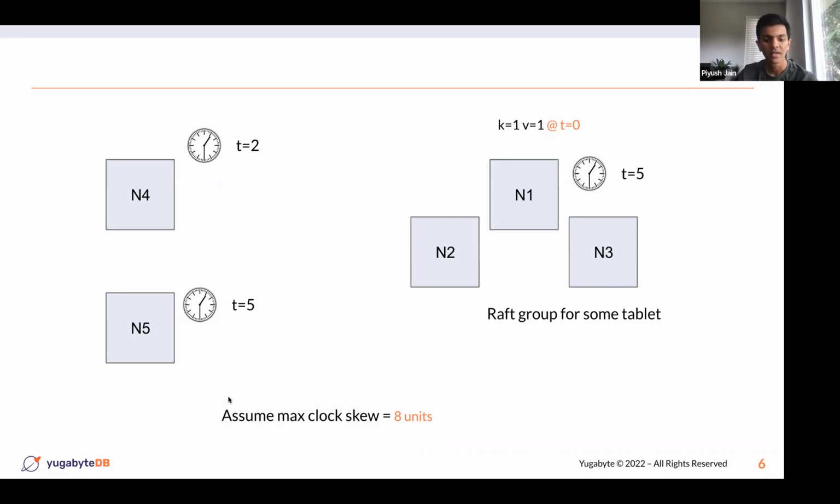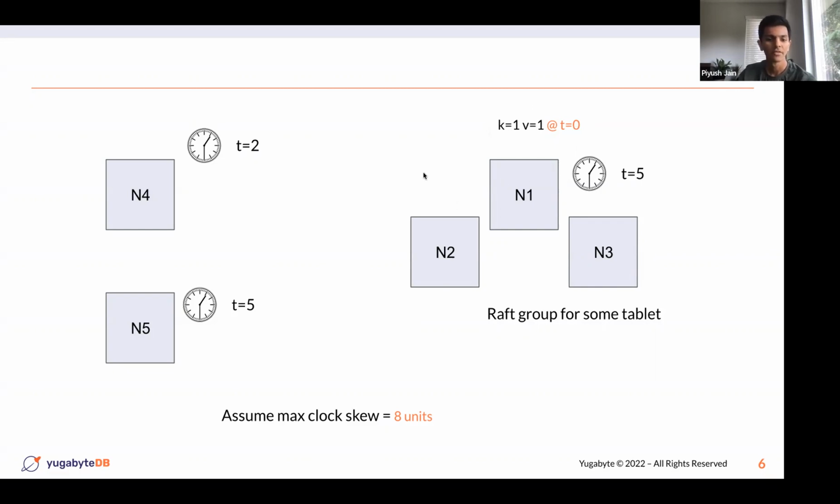So assuming we have a clock skew of 8 units, let's assume there's a key value pair, k equals 1, v equals 1. K is the primary key, and it was written as of time equals 0. And this is the raft group for the tablet which hosts this key value pair, and let's assume n1 is the leader.